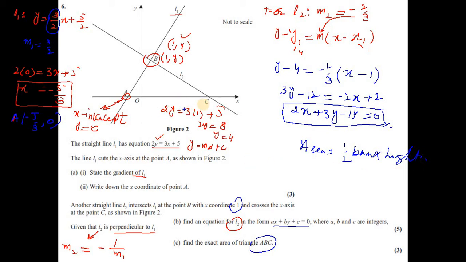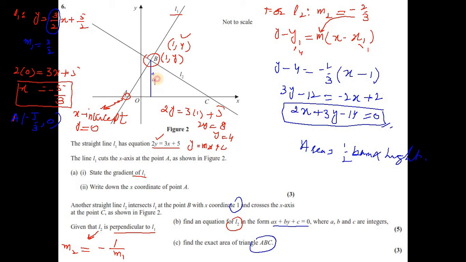In this case, the base is A to C and the height is from B to the x-axis. We have the coordinate of B, and you know that the y-coordinate of B is 4. That means the vertical height of the triangle is 4.